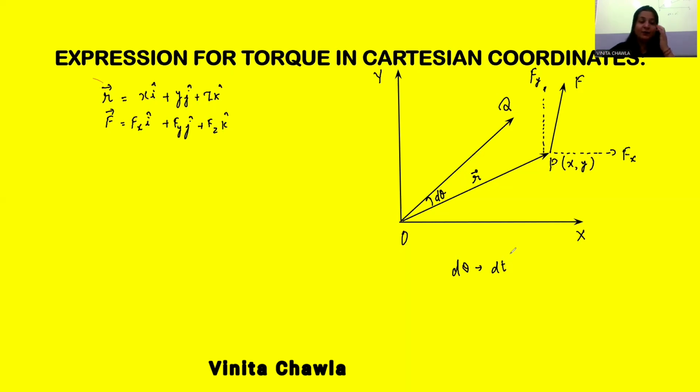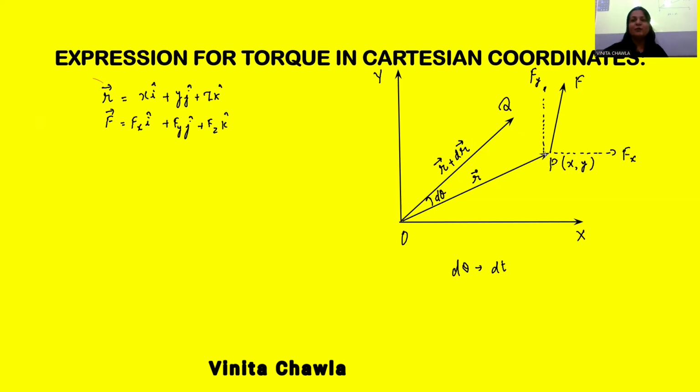At time t, particle was here at this point P. After time dt, after t plus dt, we can say particle goes to point Q. And suppose the position vector of this point from the origin, let the position vector be r plus vector dr. ठीक है. अब ये कैसे आया? क्योंकि हम स्मॉल एंगल ले रहे हैं, स्मॉल एंगल पे स्मॉल लीनियर डिस्प्लेसमेंट.